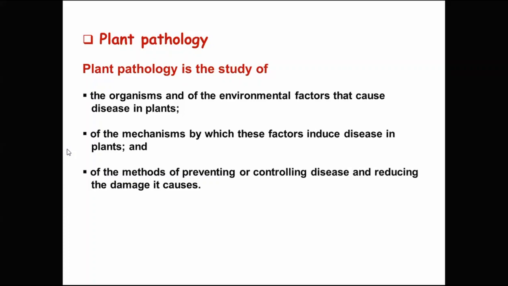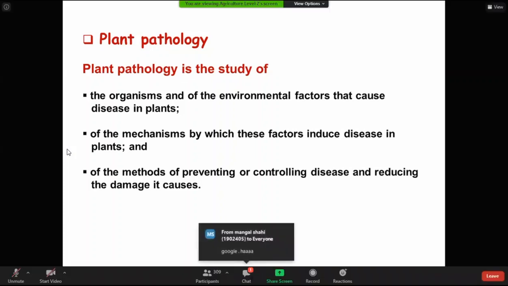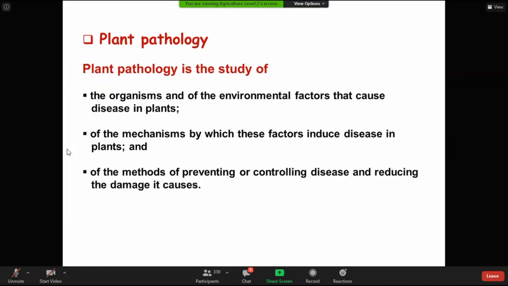One thing is the organisms and environmental factors that cause disease. The second thing is the mechanism by which these factors induce disease. And the third is the methods or approaches of preventing or controlling the disease, aimed to reduce the damage caused by the plant disease. Okay?